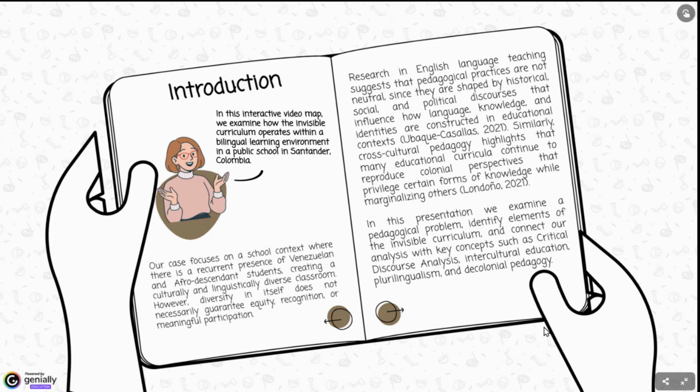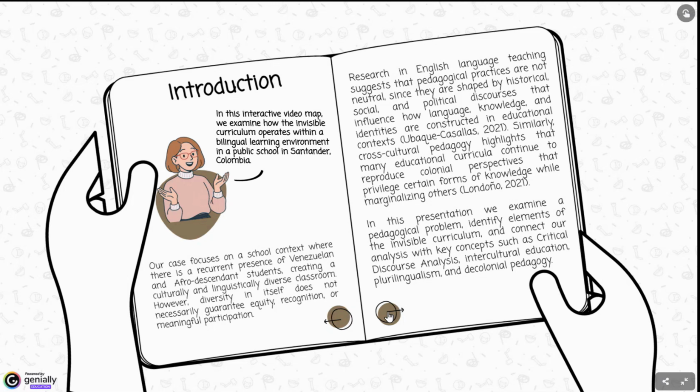In this context, classroom practices are influenced not only by the formal curriculum, but also by implicit norms, expectations, and power relations that shape participation, belonging, and identity. From a decolonial perspective, education should critically examine these inherited structures and promote learning environments that recognize diverse voices, cultures, and ways of knowing, according to Lushava 2019.